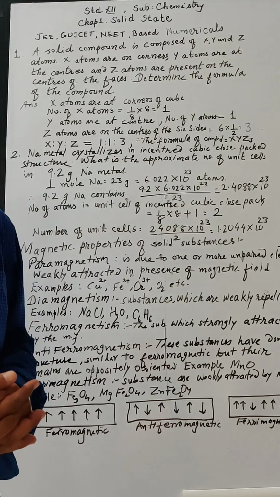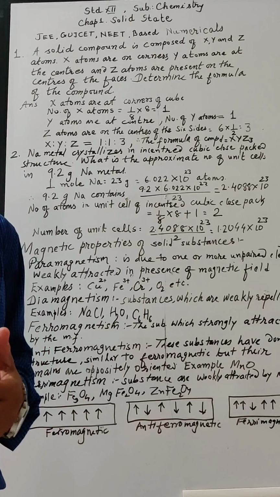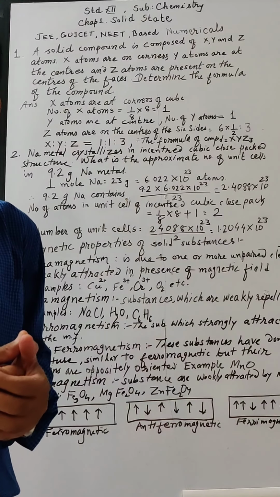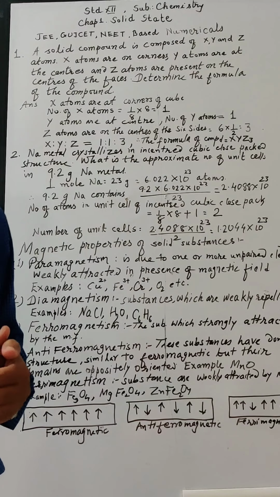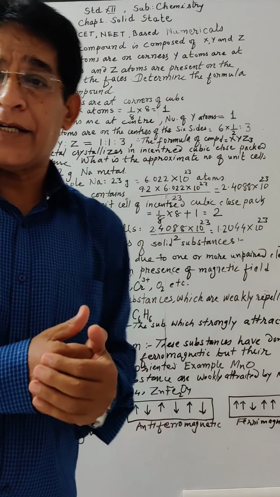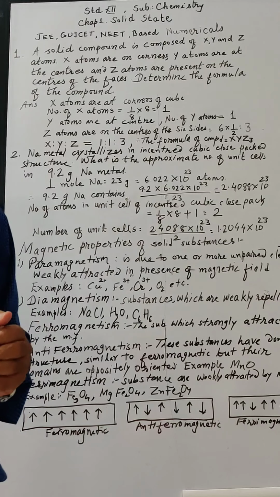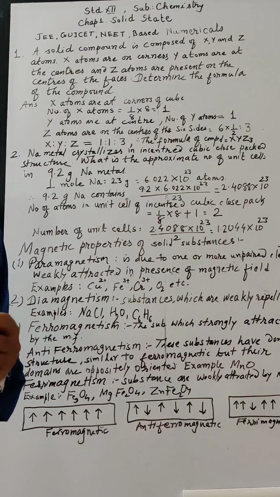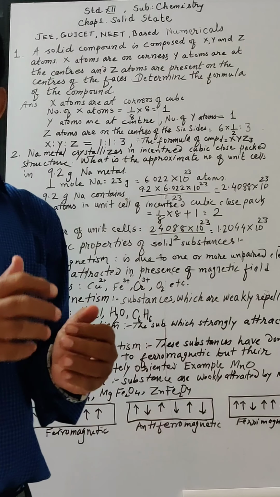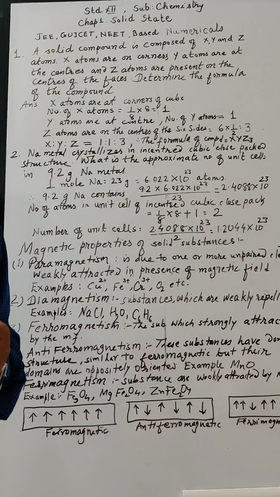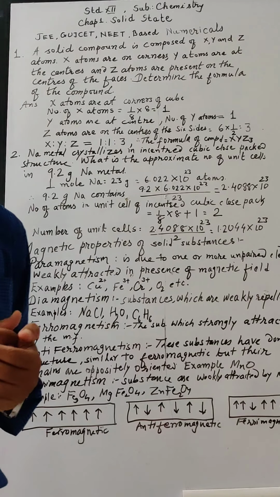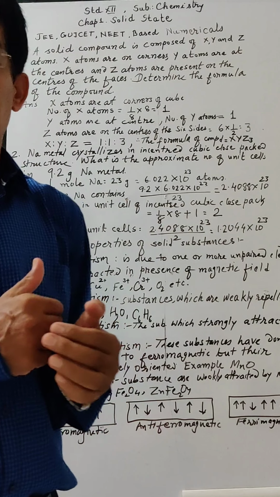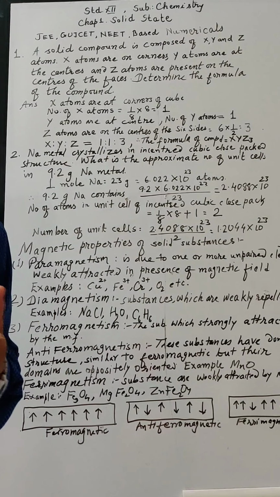One is the motion around the nucleus and second on its own axis. Thus, measurement of magnetic moment of electron is done in Bohr magneton. Its value is 9.27 into 10 raised to 24 A m square.